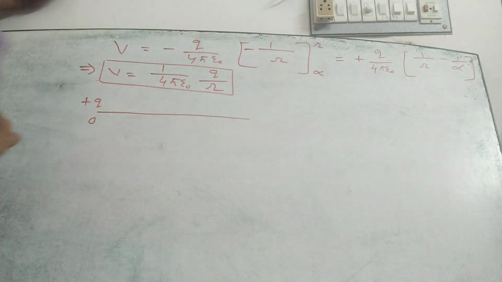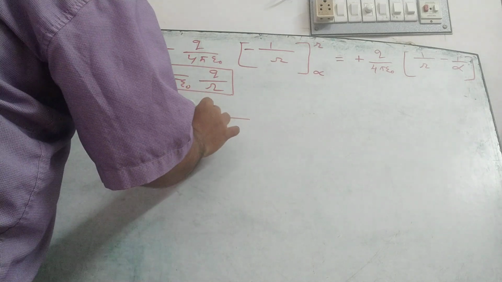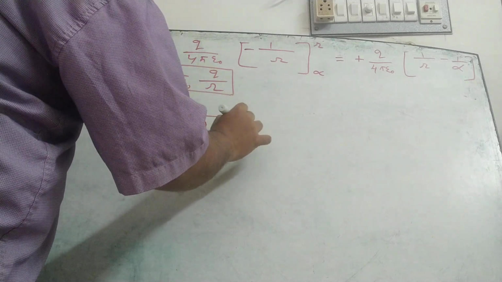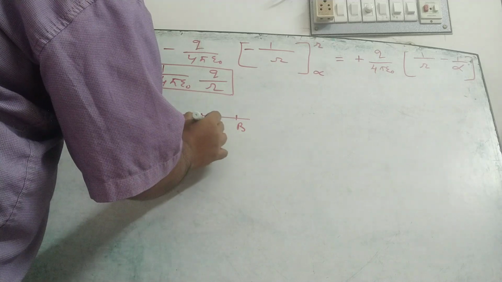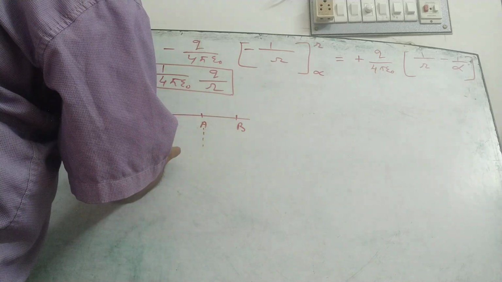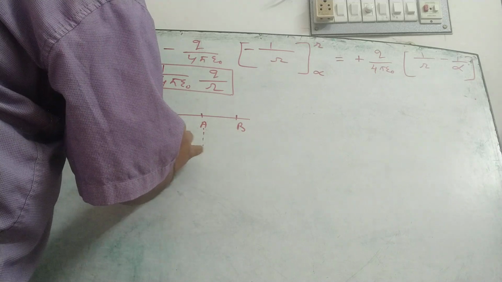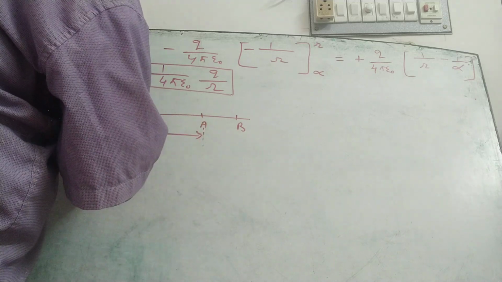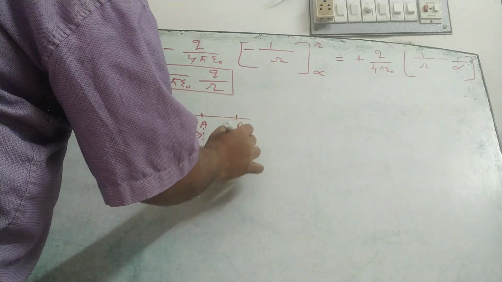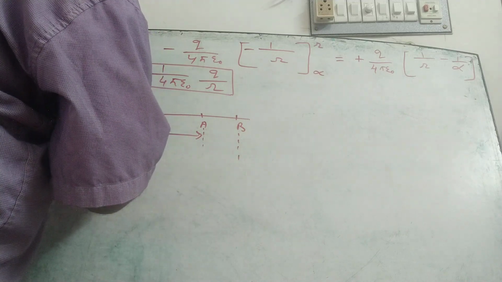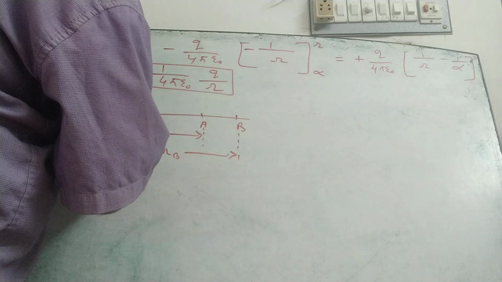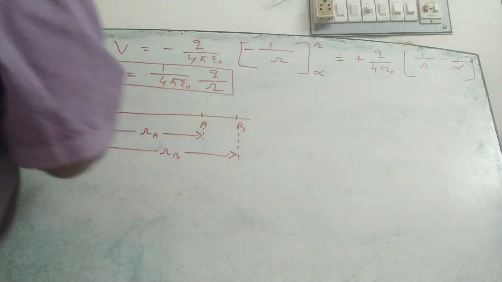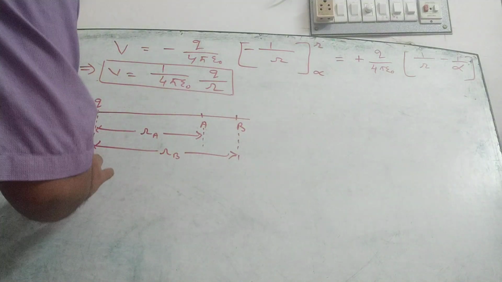Similarly, let plus Q be a point charge and A, B are 2 points. The position of A point is RA from the point O, and the position of B point from O is RB.